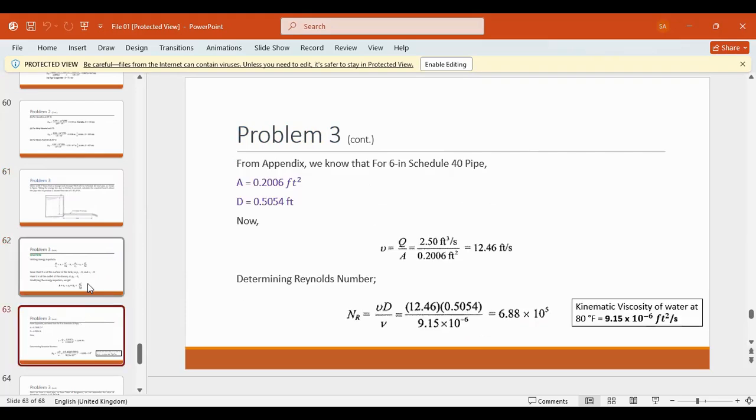Its inner diameter can be taken from the appendix, and its area is also available in the appendix. So let's move towards the appendix. I will just show you the appendix. So this is the appendix.